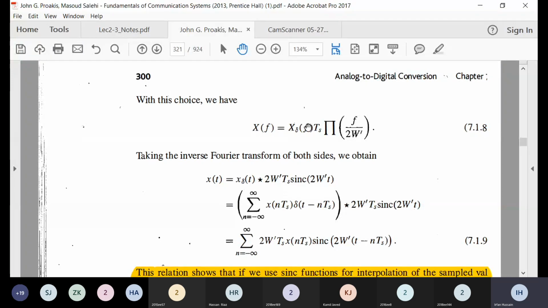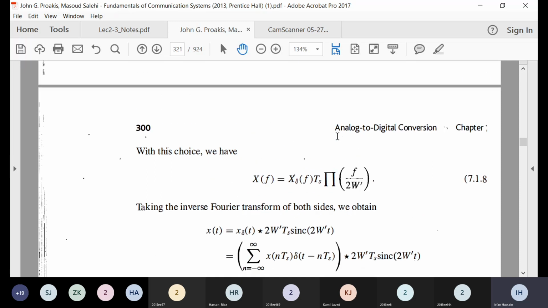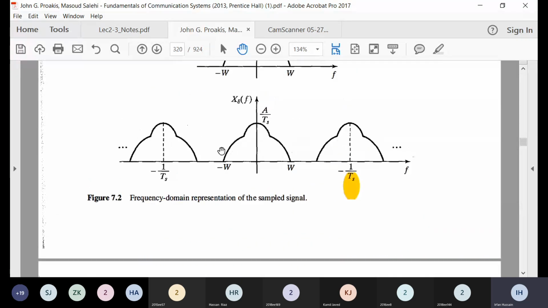So I did the multiplication in the frequency domain, because I know that by multiplying the spectrum with this rect of 2W dash, I will just get back my original signal.